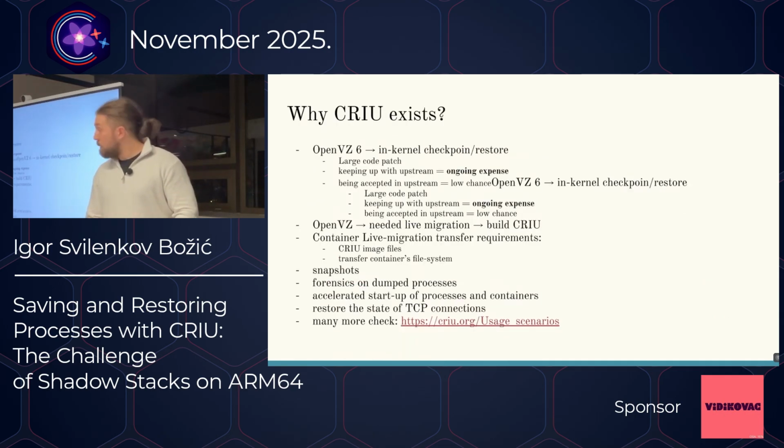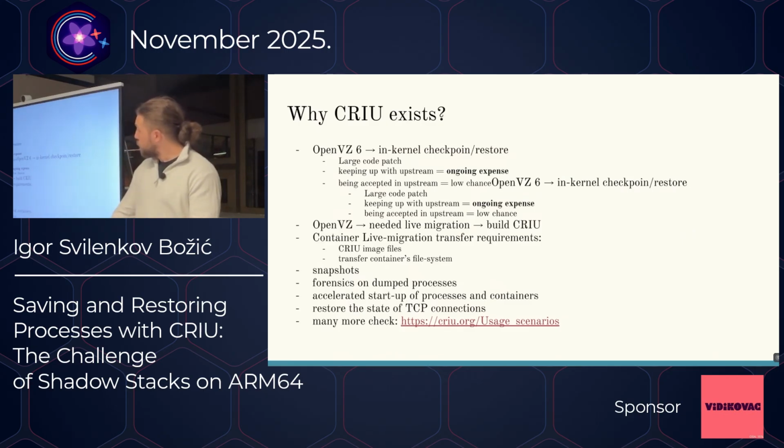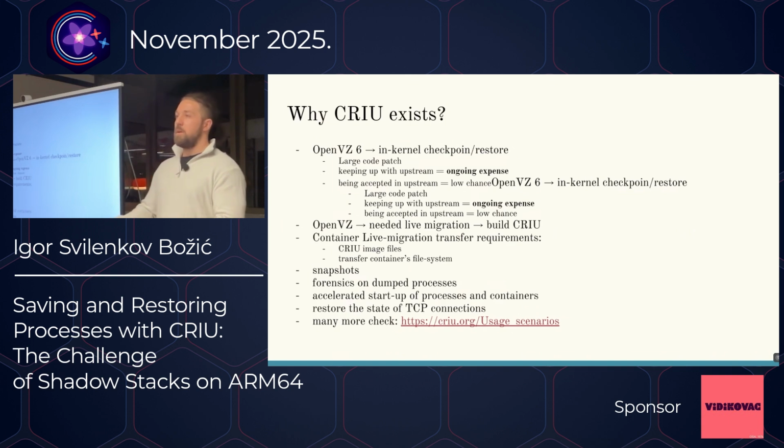I mentioned that it's short for checkpoint and restore in user space, and you may ask, why not in kernel? This actually was a thing in OpenVZ 6, where there was a huge code patch for the kernel that was very expensive to maintain while bringing in changes from the upstream.